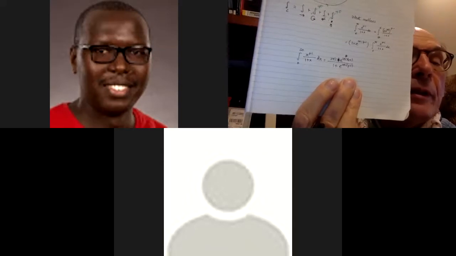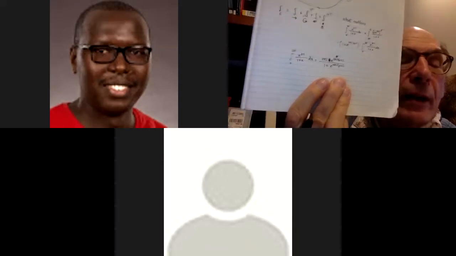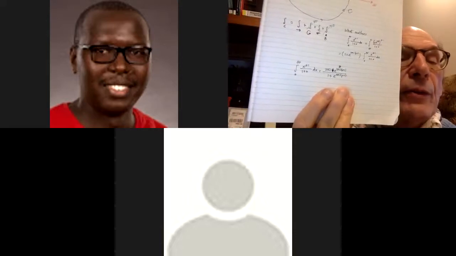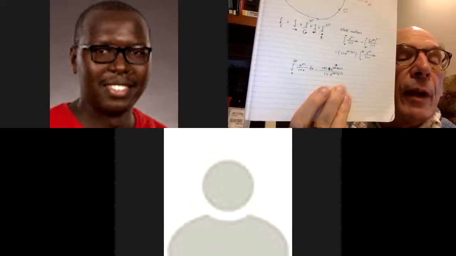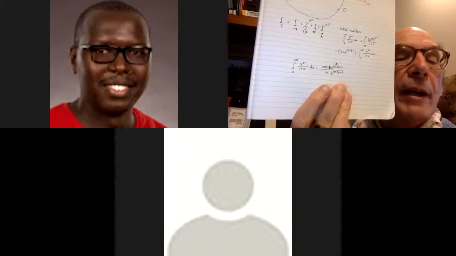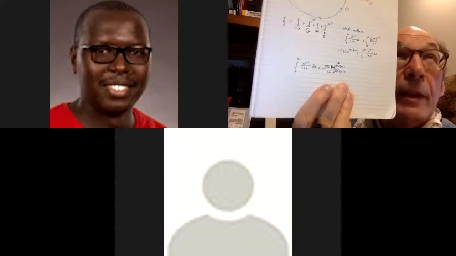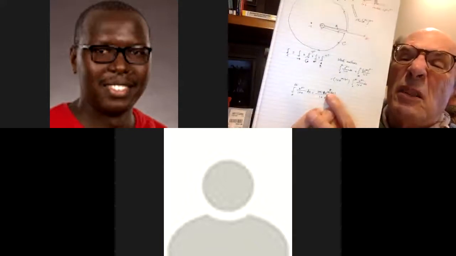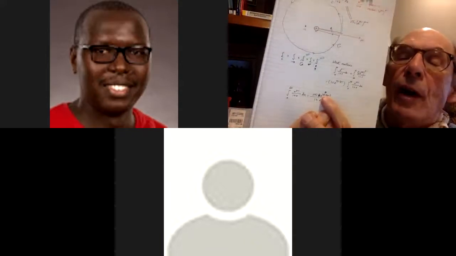But we can simplify that a little bit. It takes a little bit of elementary algebra to do this. What I'm going to do is multiply top and bottom by e to the minus pi i times p minus 1. So I'm going to take the thing on top and multiply by its reciprocal.